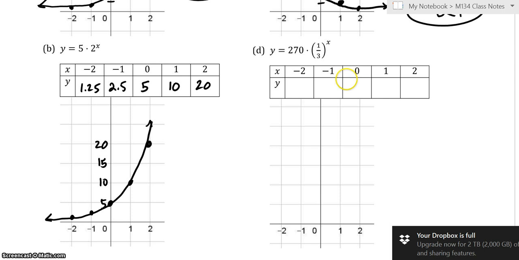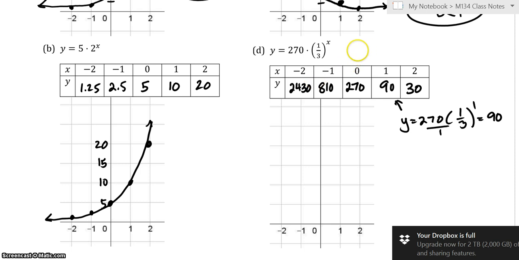Plugging in a 0, I'm going to start with that, is 270, because anything to the 0 power is 1. Plugging in a 1, we haven't done a fraction yet, we did a decimal up there. It means putting this over 1, it's like dividing by 3. So that would be 90. Now you get the idea: dividing by 3, multiplying by 3, and multiplying by 3.